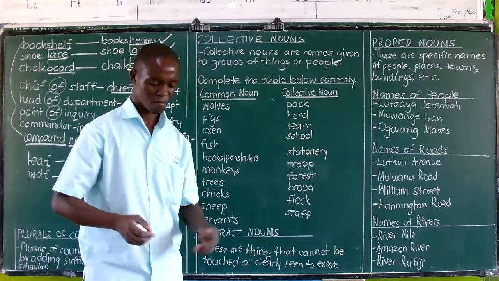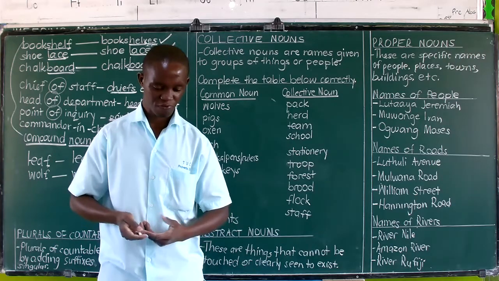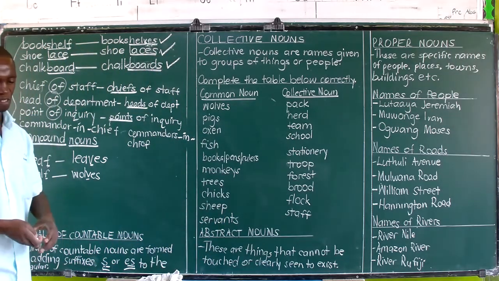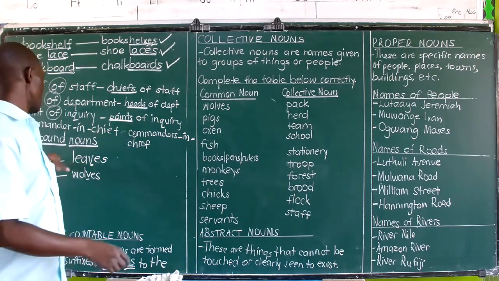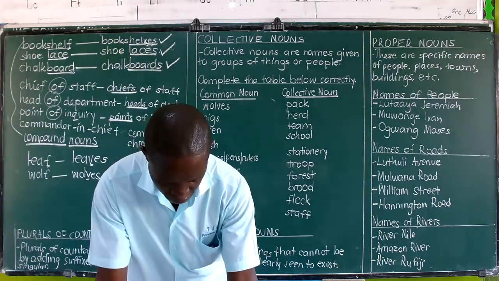That's where you find reefs. Then cliff, roof, hoof, plus handkerchief: all those nouns simply add S. They end in F, but that F is not changed to V like in leaf and wolf.